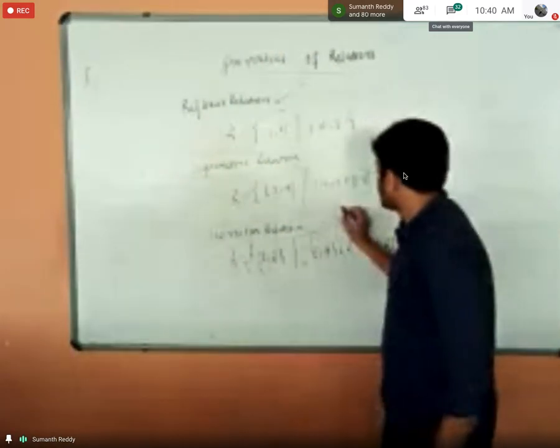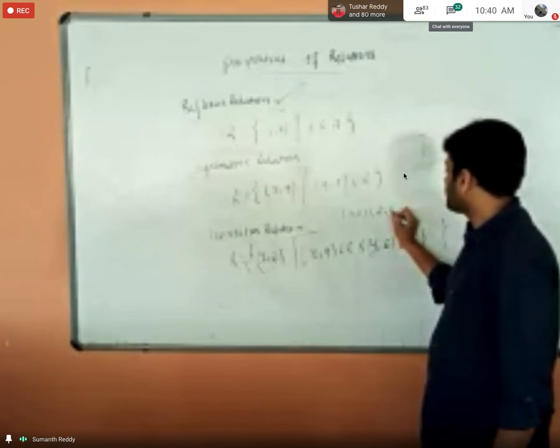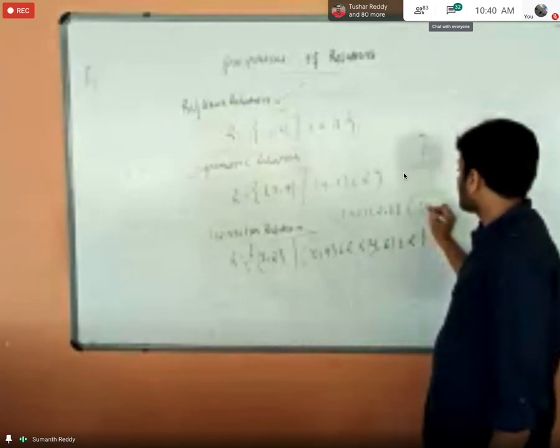If you have the ordered pairs (1, 2) and (2, 3), then you should have (1, 3), right?